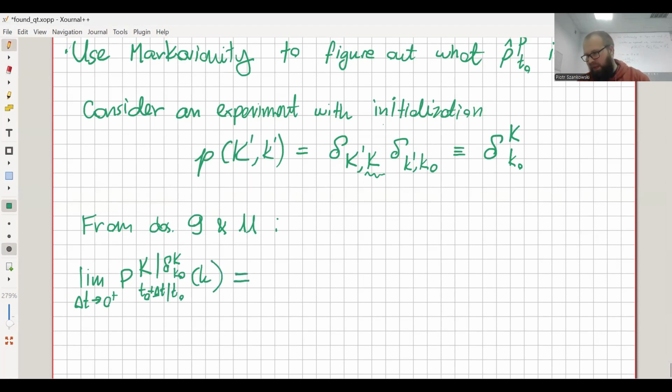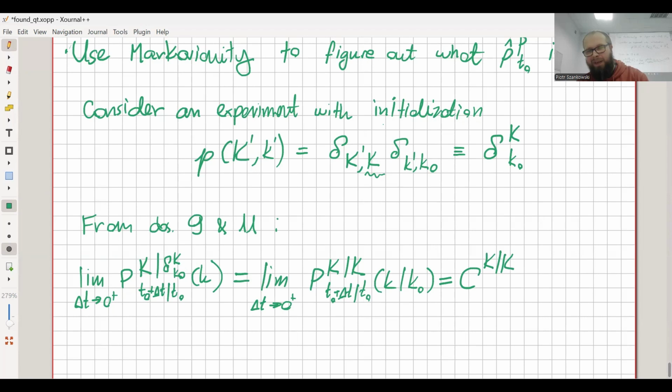According to observation 9, this thing is equal to a conditional probability conditioned on result K0, which, according to observation 11, the uncertainty relations, involves this correlation function K, which in this case would be just delta.